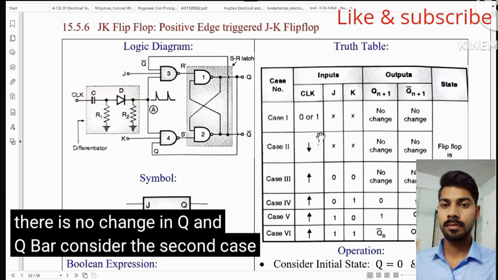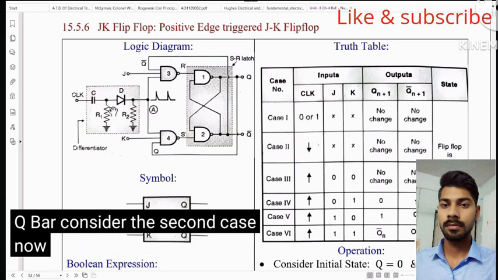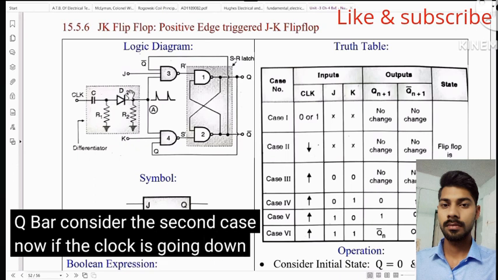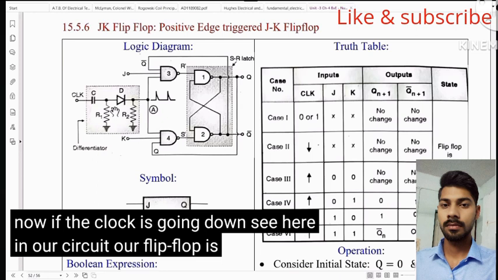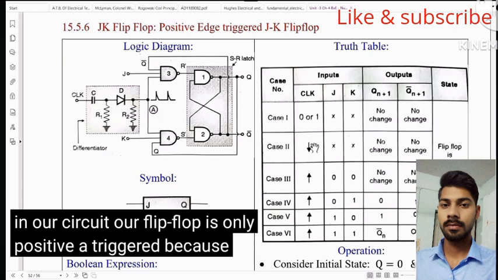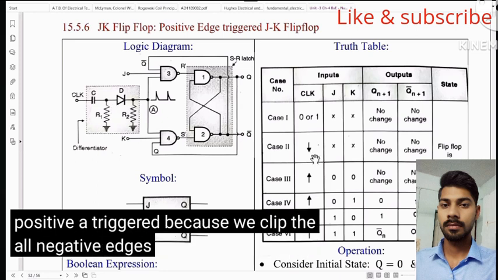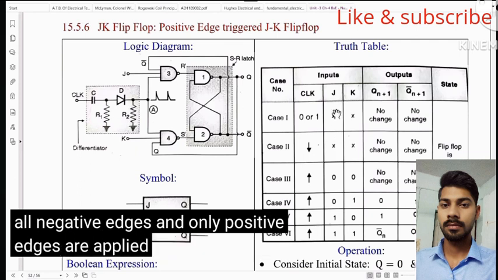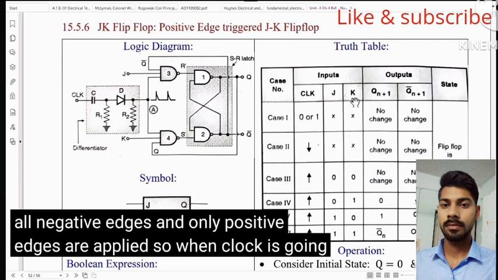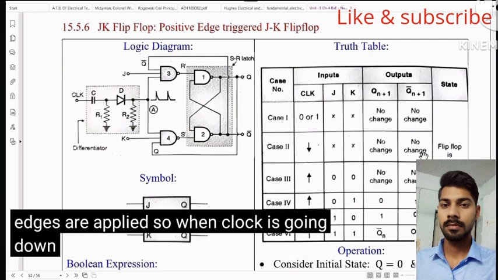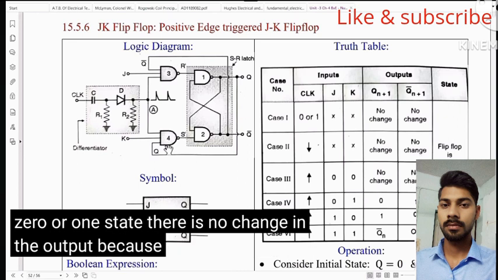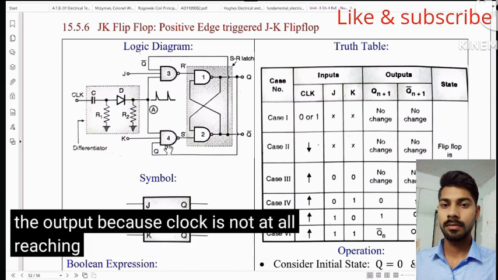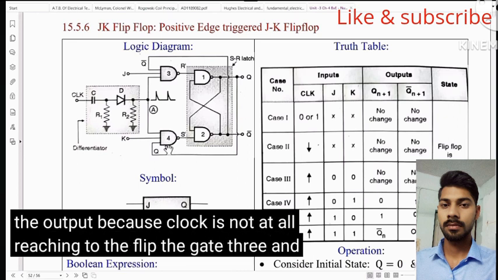Consider the second case. Now, if the clock is going down, see here, our flip-flop is only positive edge triggered because we clip all the negative edges and only positive edges are applied. So when the clock is going down, with J and K inputs in either 0 or 1 state, there is no change in the output because the clock is not reaching gates 3 and 4.